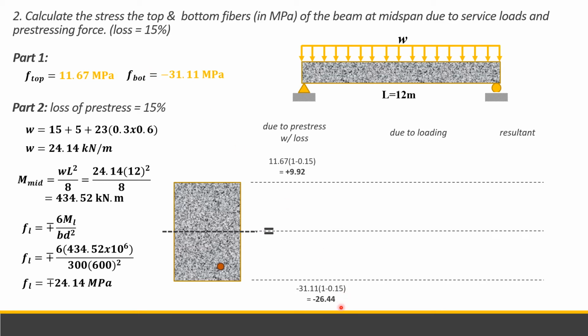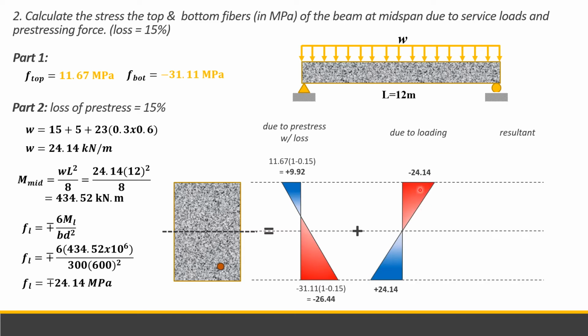So magiging negative 26.44 megapascal na lang yung stresses due to pre-stressing force. So ito yung magiging diagram niya. So we have a tension sa top fiber, compression sa bottom fiber. So now plus due to loading naman, so we have 24.14 megapascal.